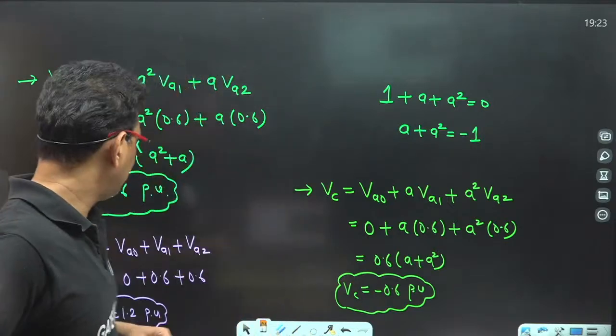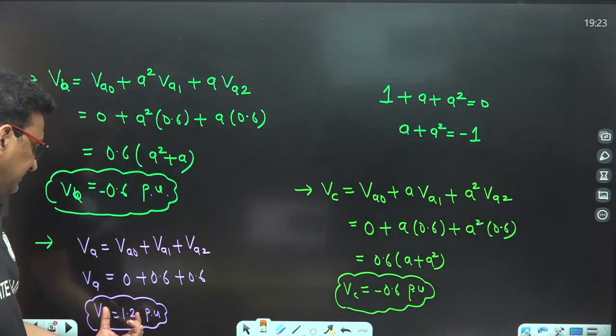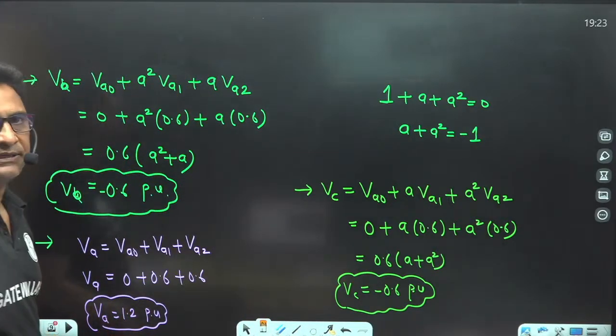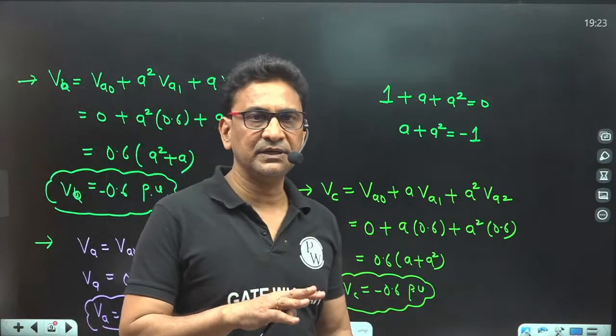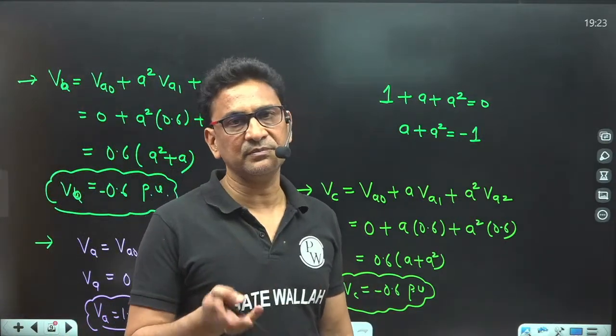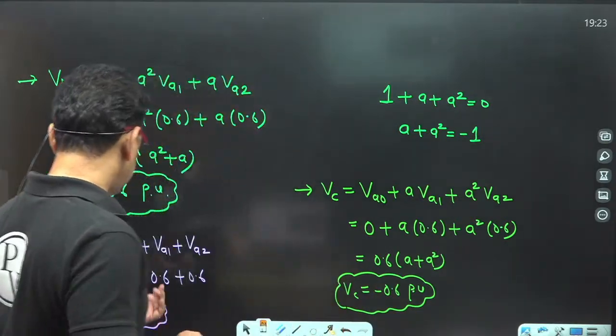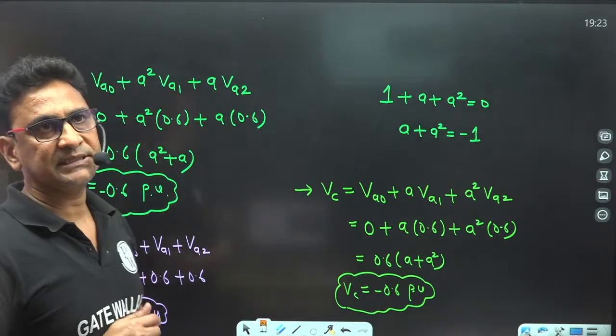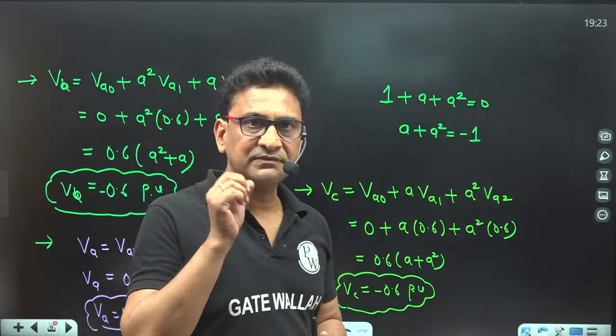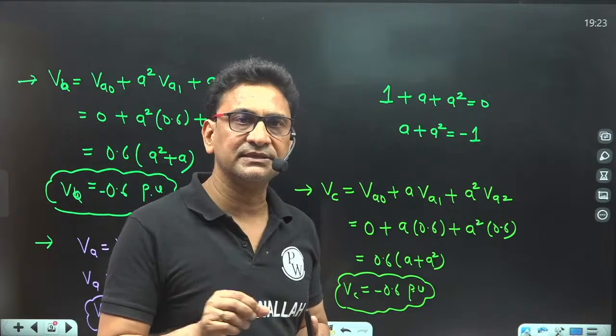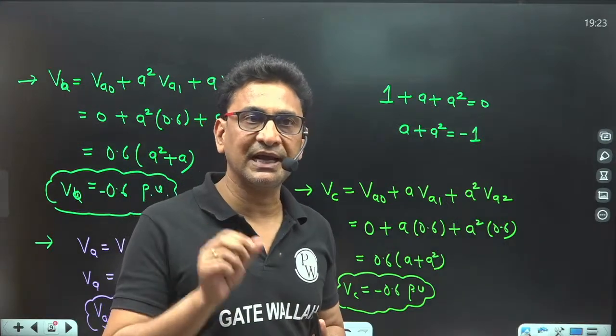So what you have to do, either you directly connect the VA in PU into the actual quantity, then you will get the VAB by subtracting VB from VA, or always take the phase voltage as a base voltage only, because our sequence network is always on a per phase basis, it is not the line voltages.